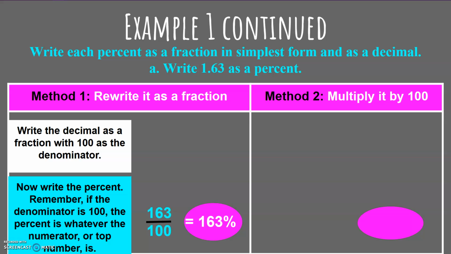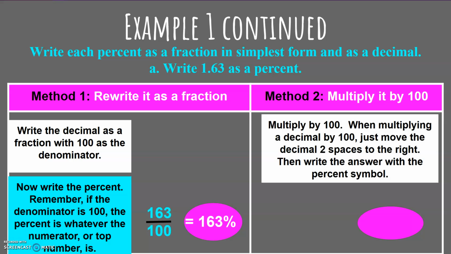When you have a whole number and you're turning it into a percent, that whole number is going to be whatever that whole number is times 100. So in this case, 1 is 100. Method 2, multiply by 100. Moving the decimal 2 spaces to the right, which gives us 163%.